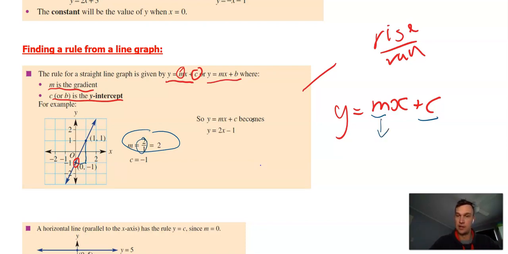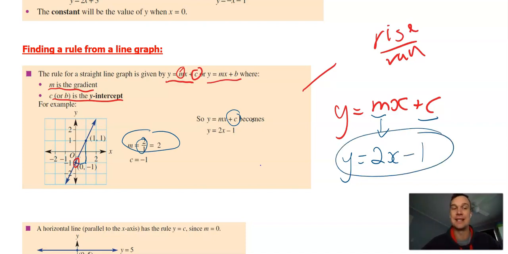We substitute that in, so we've got 2x. Now we find c by looking at our y-intercept. The y-intercept occurs right here at -1 on the y-axis, that's where the line intercepts. So c becomes -1, and that's the formula we've created from looking at the graph.